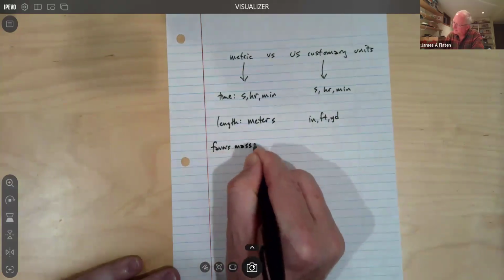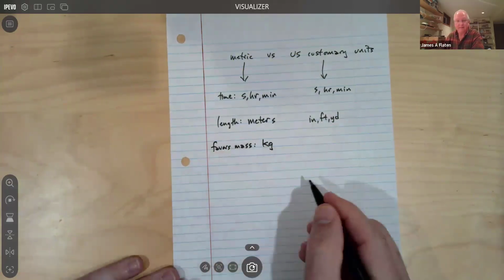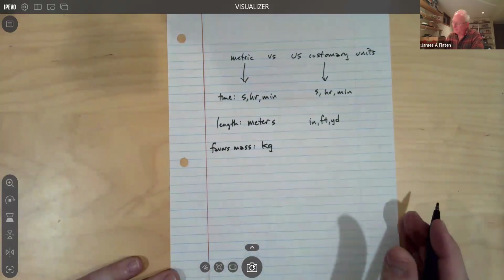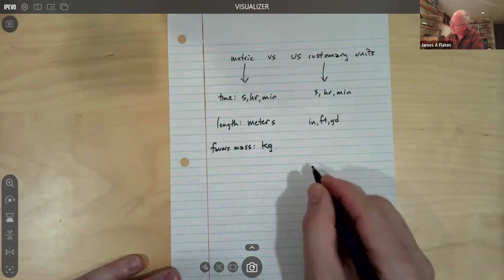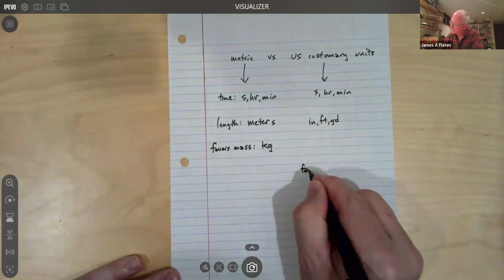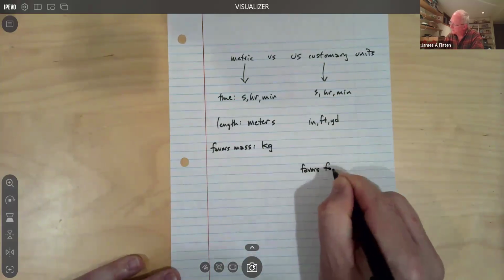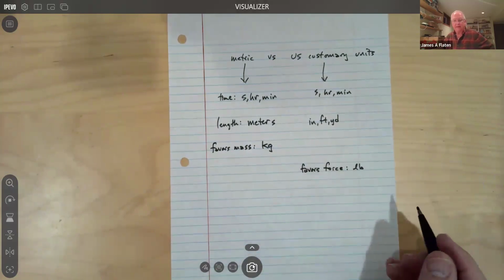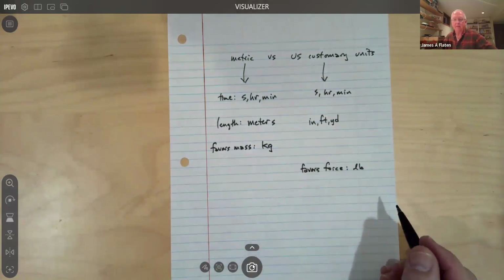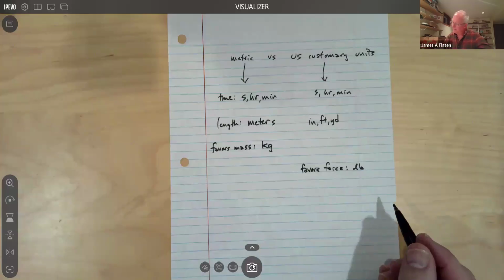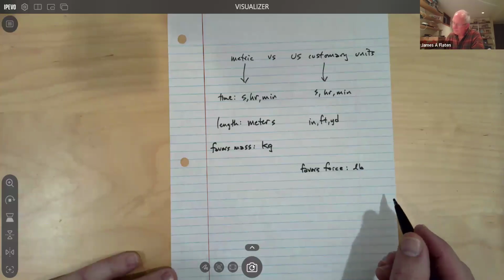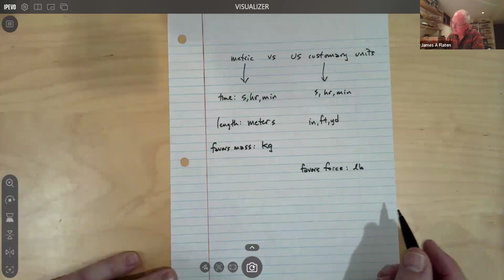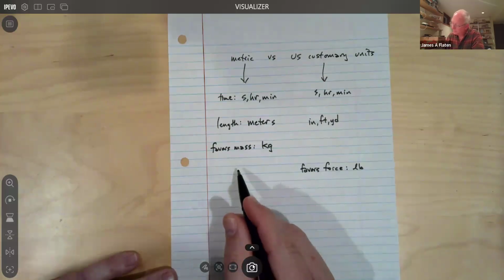The metric system actually favors mass, and it measures mass in grams or often kilograms, whereas the US customary system favors force. And force in pounds is written as lb. So there is a force unit in the metric system. It's called newtons.